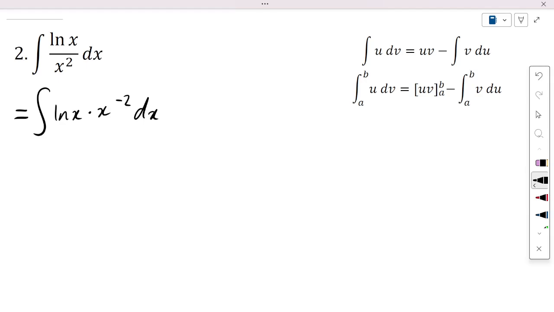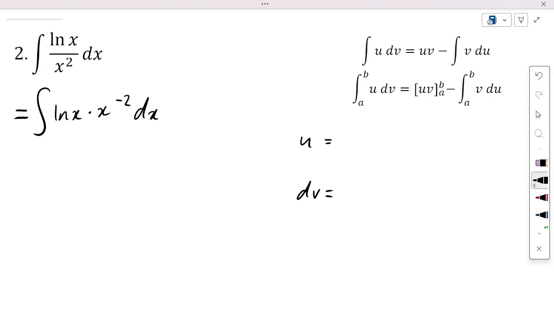Now, which variables are we going to assign what? What are we going to assign for u and what are we going to assign for dv? Whenever we deal with dv, we're going to work with the integral, meaning we would have to work with the integral of ln x with respect to x. But you even have to use integration by parts to determine the integral of ln x.